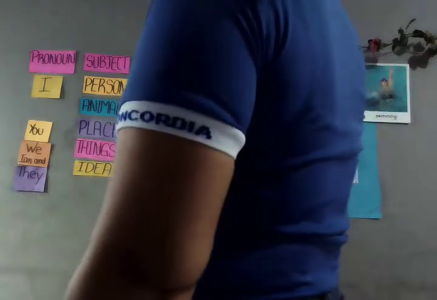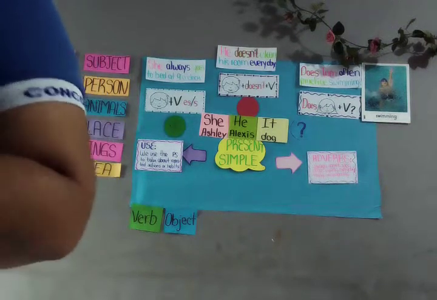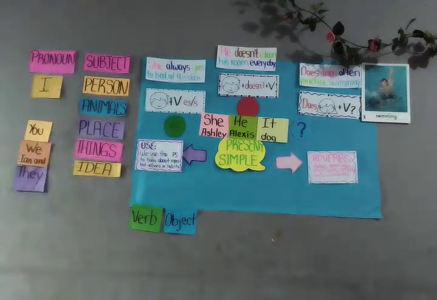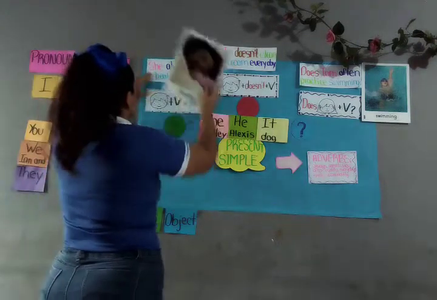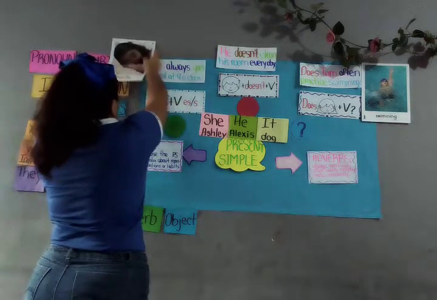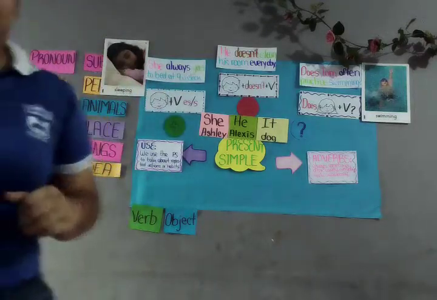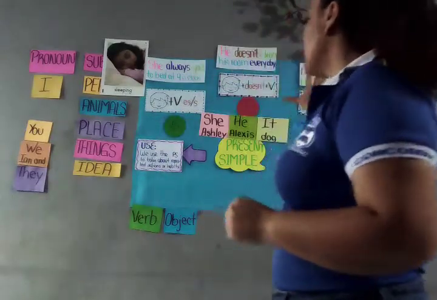And then I don't have a cleaning picture, but you can make one. And then she always goes to bed. And I have this little girl sleeping. Oh my God. Okay. So this is how it's gonna look.